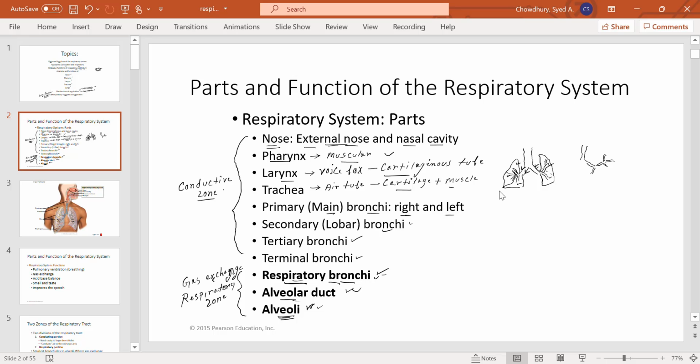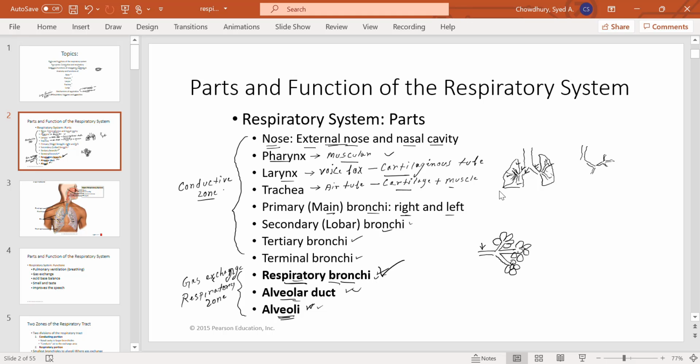So if I just see the last three parts, this is the respiratory bronchi, and then the alveolar ducts. These are the alveolar ducts, and these are alveoli. So they look like a bunch of grapes. These are air balls, alveoli.